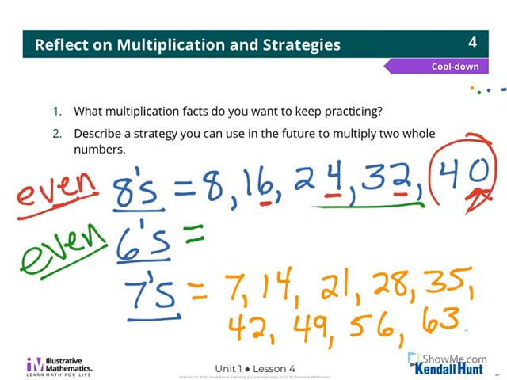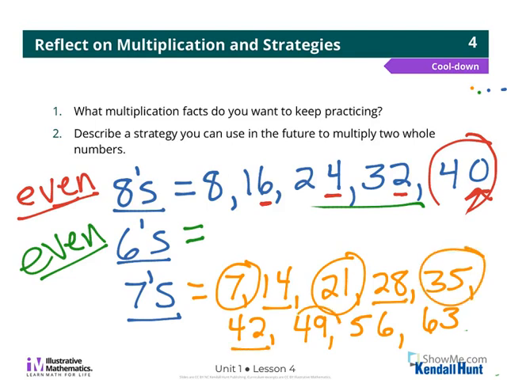One tiny pattern they follow is you have odd, even, odd, even, odd, even, odd, even, odd. So that's kind of interesting. But remember, you're just counting by 7 every time.